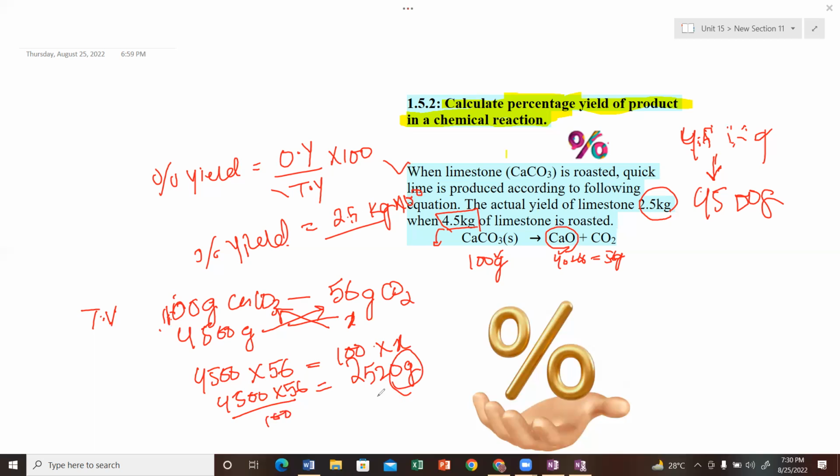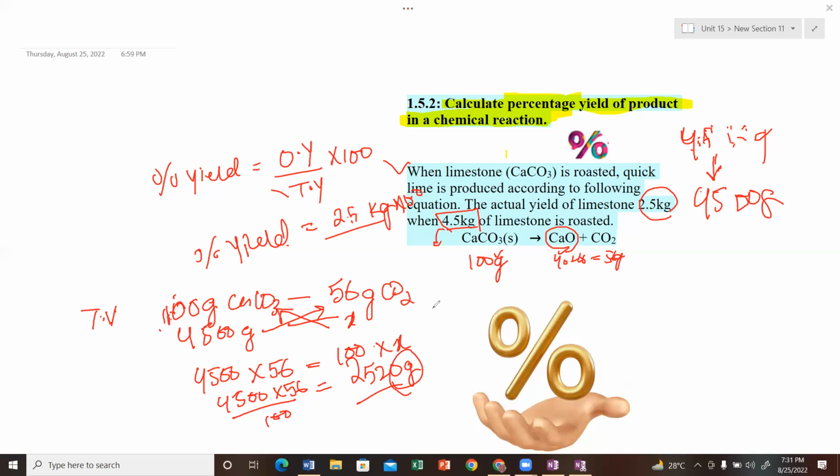So what should we do? We are now again going to calculate the kgs from this value, and this time we are going to move from lower unit to higher unit, so we would divide, right? So 2520 divided by 1000, it would be 2.5 again.